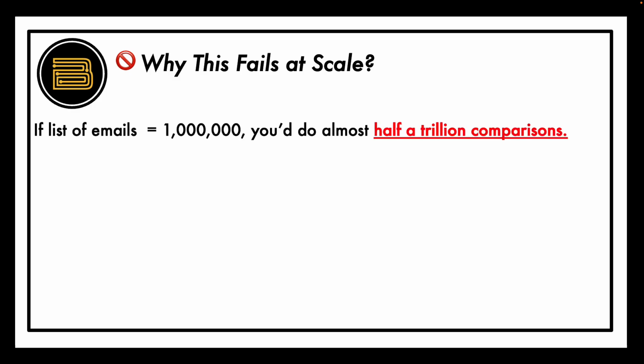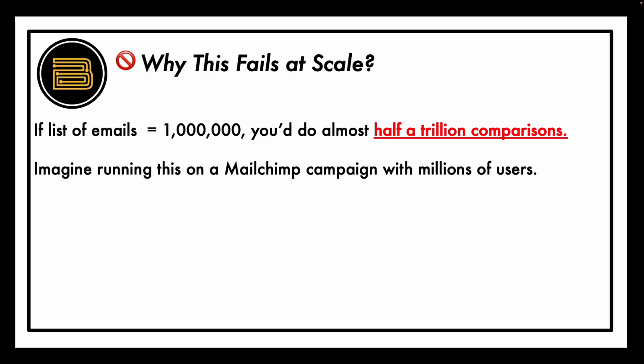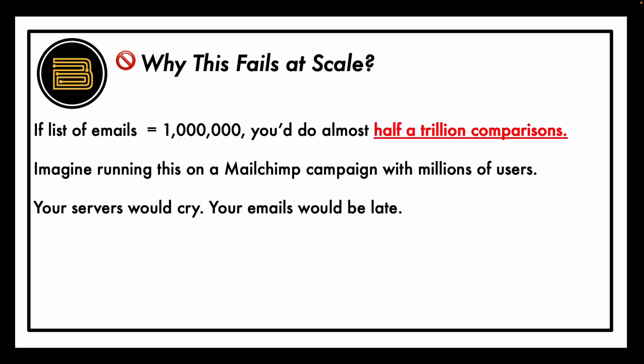So imagine this. If your list of emails is 1 million, you're looking at doing almost 500 billion comparisons. Now imagine running this on a MailChimp campaign with millions of users. Your servers are going to cry and your emails are going to be late. Because in terms of time, the fact that we have to compare everything with everything puts us at O(n²).